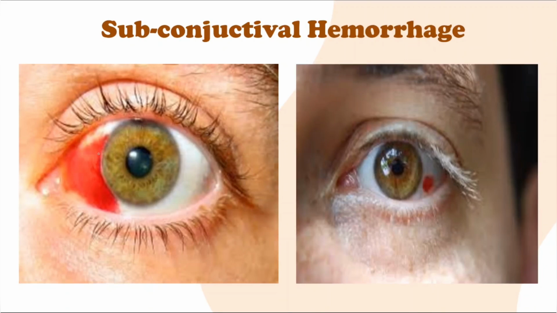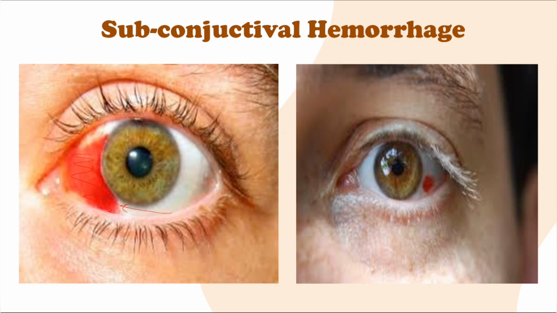Subconjunctival hemorrhage is very common. Sometimes it might be due to heavy weightlifting or maybe due to a strong cough. Most of the time the patient doesn't feel it, and the family tells him that his eyes have become red.